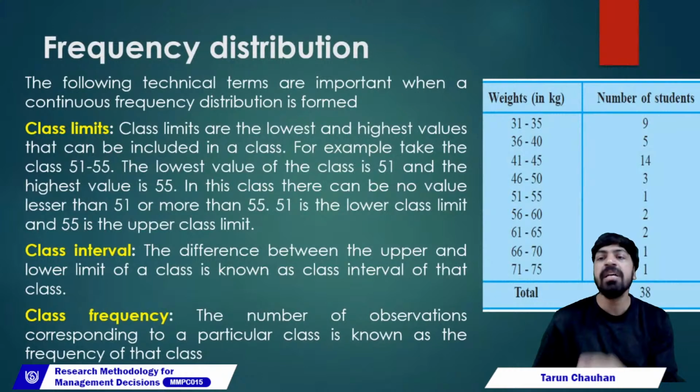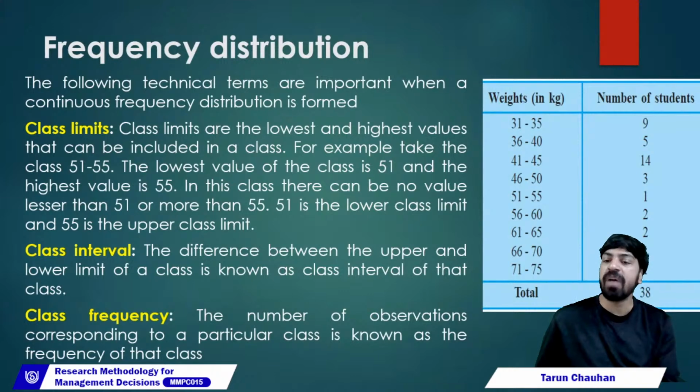So let's talk about the 31 and 35, or in the overall example, which is the lowest value and which is the highest value. If we talk about the lowest value, it would be 31 and the highest value would be 75.